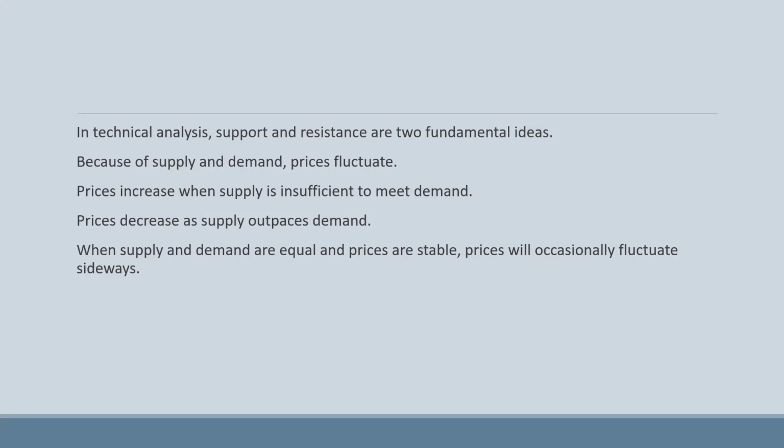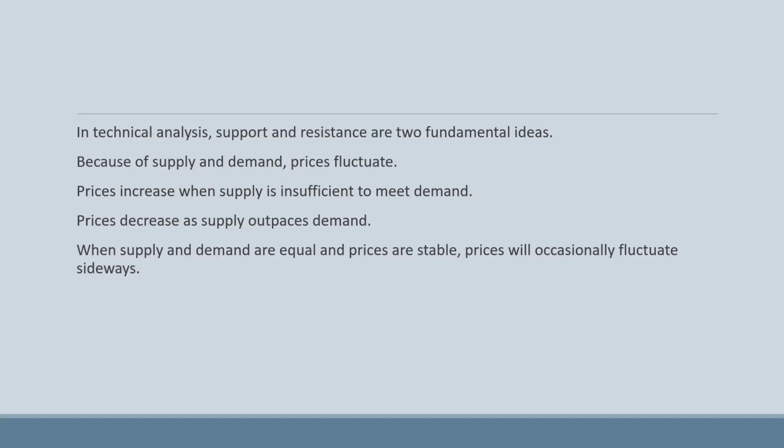Now, the basic idea of support and resistance is that what happens in our foreign exchange market is demand and supply. Remember what we said earlier about the man that traveled to Japan. When he got to Japan, he bought Japanese yen for naira, and by the time he came back, the prices had already changed and he made a lot of money, right?